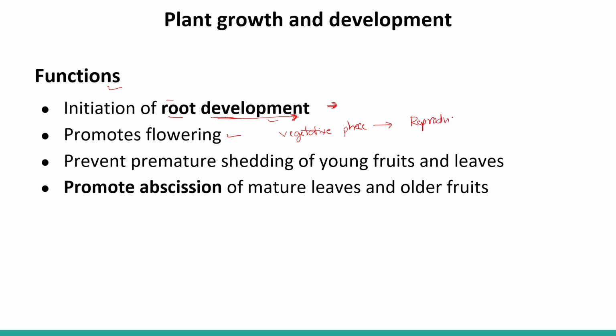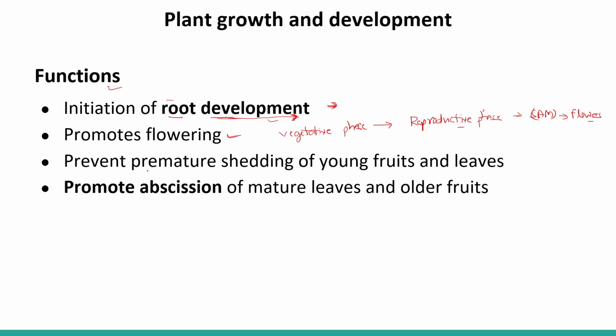Flowering is a reproductive event. Flowers are produced at the shoot apical meristem; the shoot apical meristem is modified to produce flowers. So auxin is important for promoting flowering.